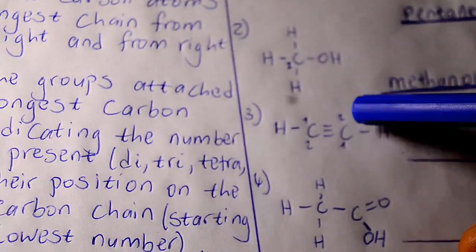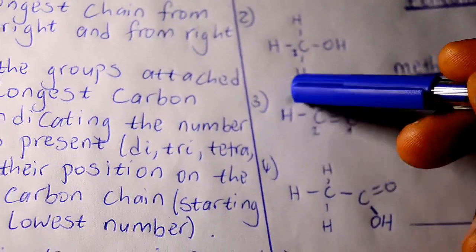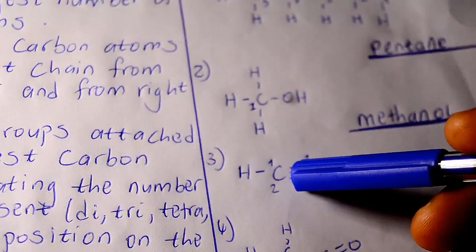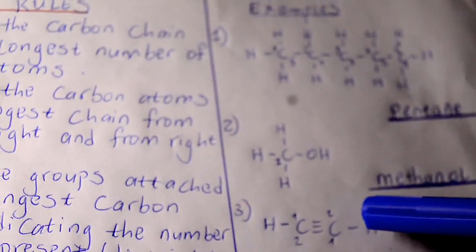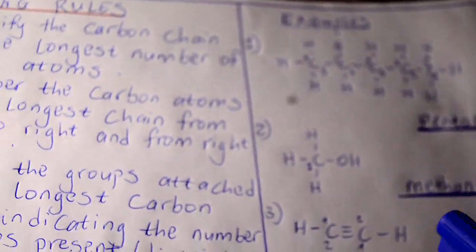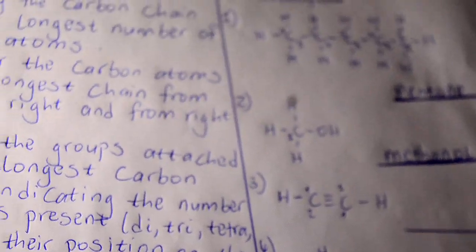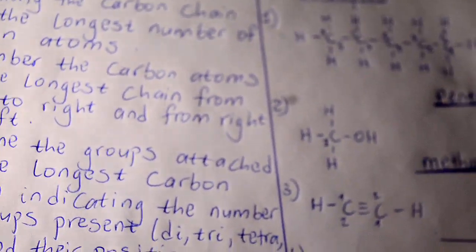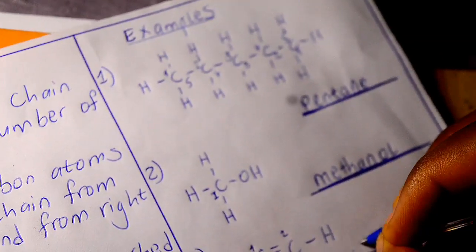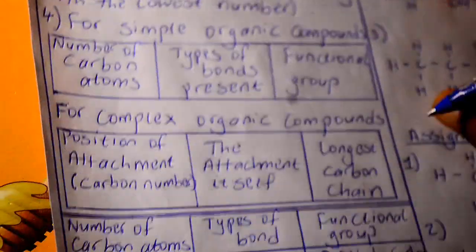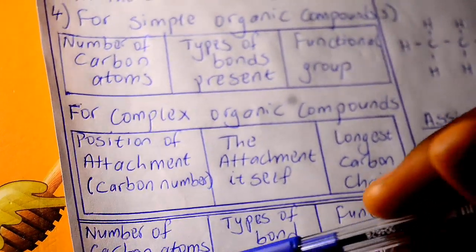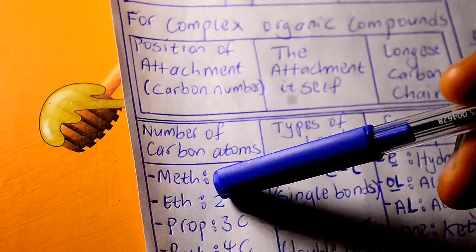There's no group here attached to this longest carbon chain. And remember, I said hydrogen is not an attachment, so it's not counted. So what is the name? There are 2 carbon atoms. Remember, 2 carbon atoms is what? Is called eth.